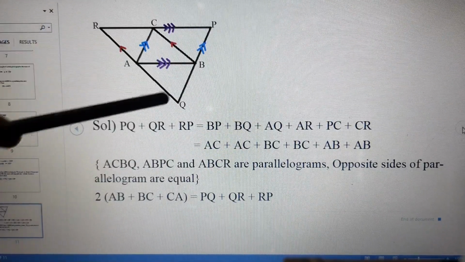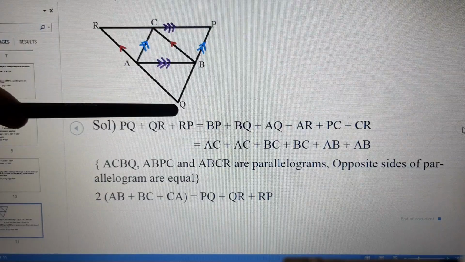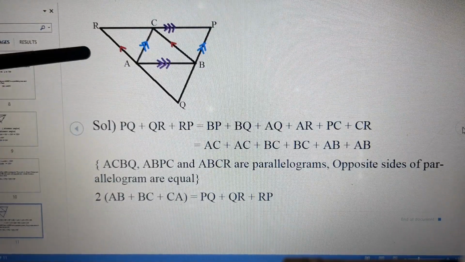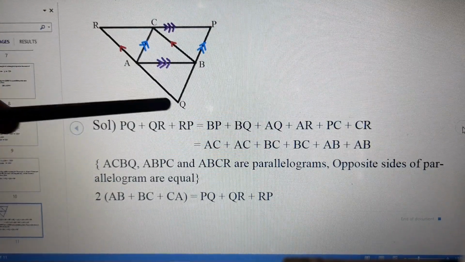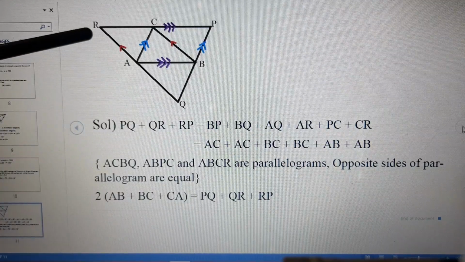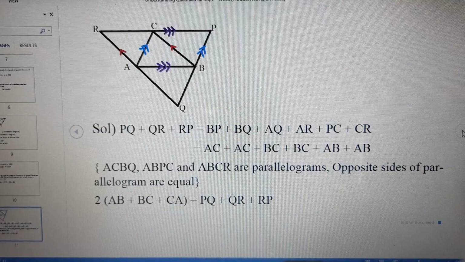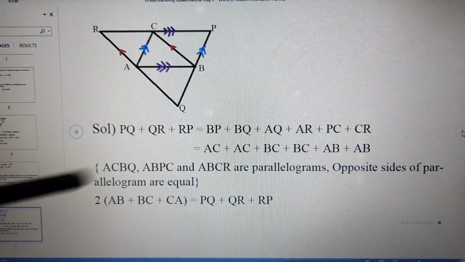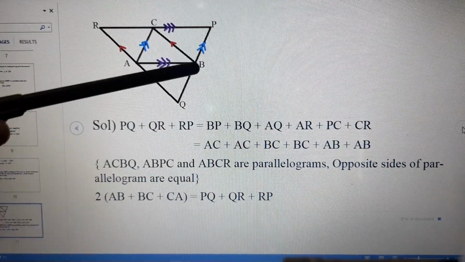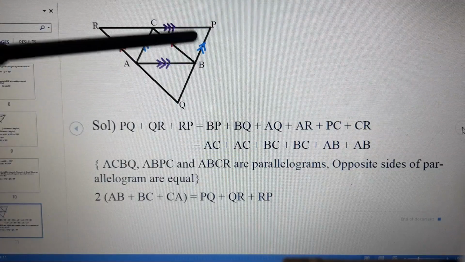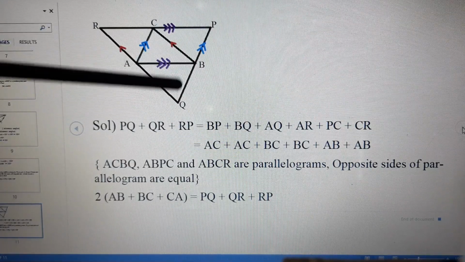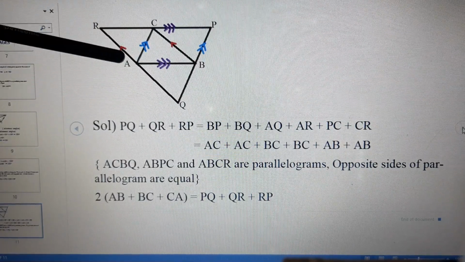As you can see, PQ can be written as BP plus BQ. Likewise, QR can be written as AR plus AQ. RP can be written as RC plus PC. Fine. Now, if we see BQ, AQBC is a parallelogram. So BQ will be equal to AC.